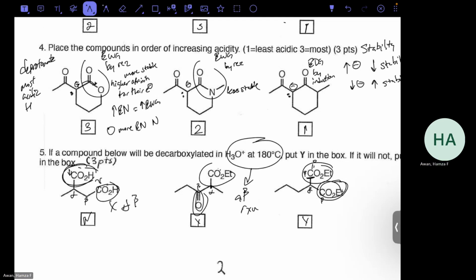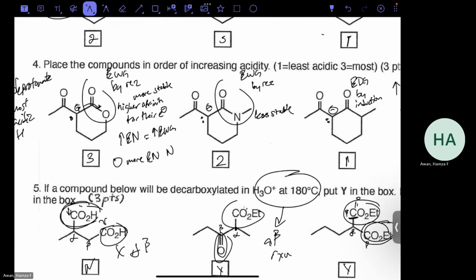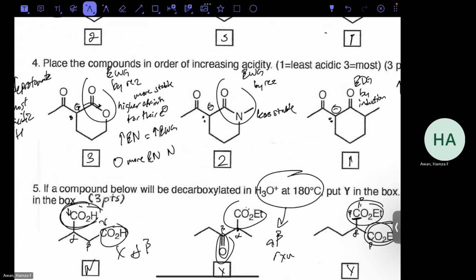The structure is going to be fine because that ester oxygen is not next to the middle structure that the amide nitrogen will be donating toward.